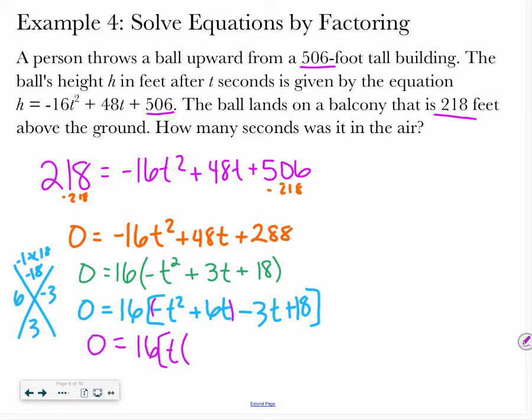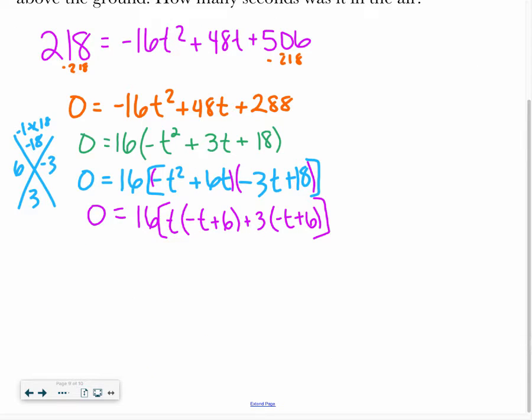If I pull out a t, I'm left with -t plus 6. And on the second one, if I group those together, I can pull out a 3, and I'm left with -t plus 6. So my parentheses are now the same. So I have 0 equals 16 times (-t plus 6) times (t plus 3).